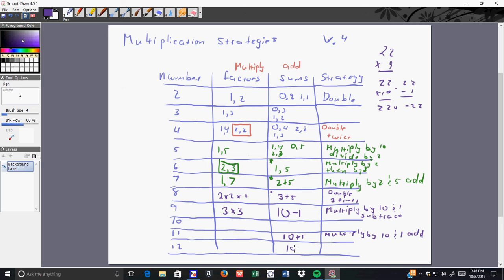And 12 is actually the same, except I multiply by 10 and 2, and add. 15 times 12, well, if I did 15 times 10, I'd get 150. If I did 15 times 2, I get 30. So 150 and 30 is 180. And it's really that easy.